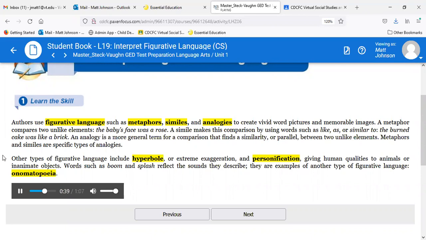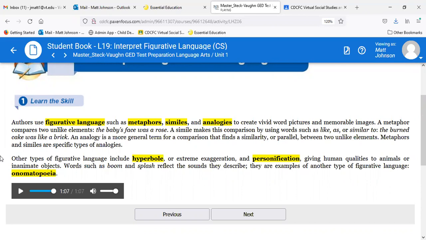Metaphors and similes are specific types of analogies. Other types of figurative language include hyperbole, or extreme exaggeration, and personification, giving human qualities to animals or inanimate objects. Words such as boom and splash reflect the sounds they describe. They are examples of another type of figurative language, onomatopoeia.